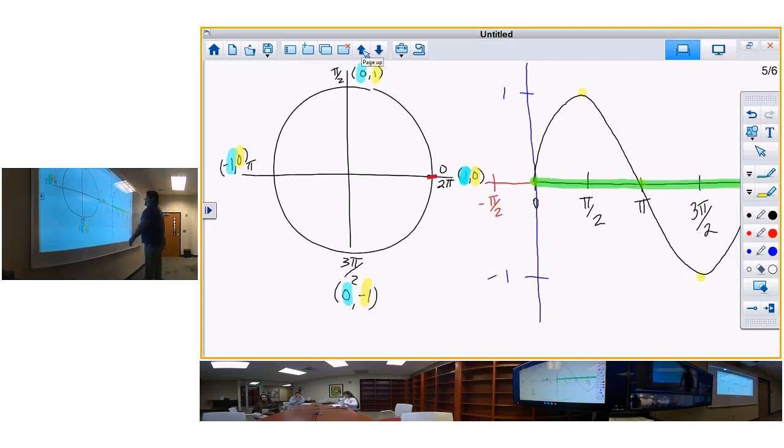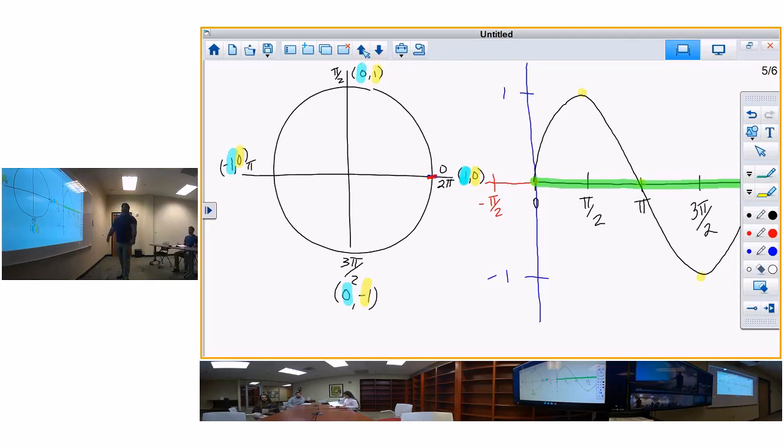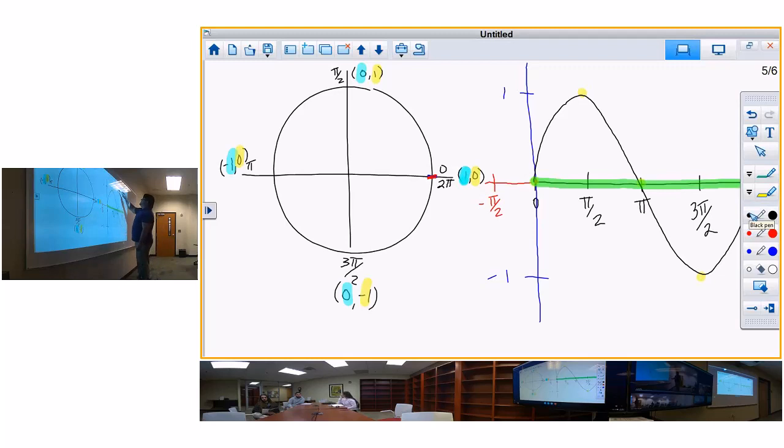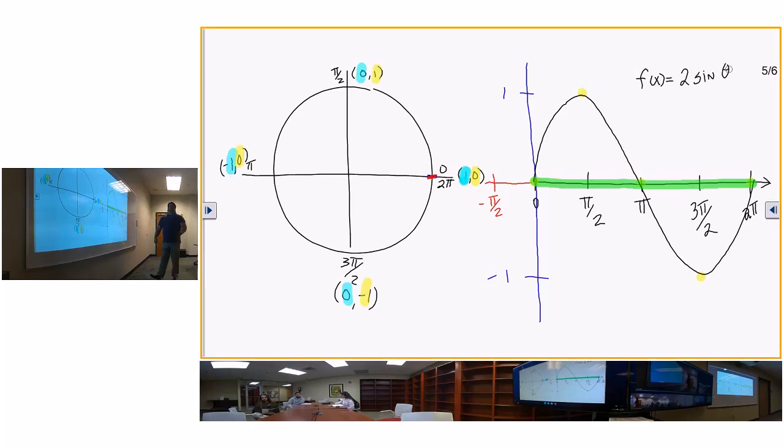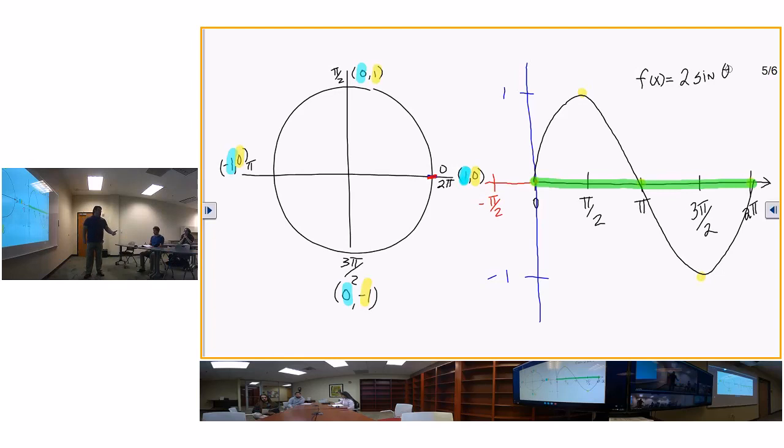So let me ask you this. We know this is a sine curve. What if I was to say f of x is equal to 2 sine of theta? Well, 2 is greater than what? 1.